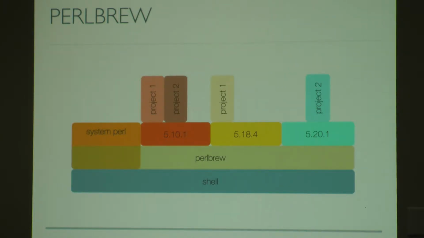It's great. You can have multiple versions of Perl, and in each of those versions you can have multiple libs, libraries. You can even have multiple versions of 5.20.1, one compiled with threads, one without. You can do some pretty amazing stuff with it.